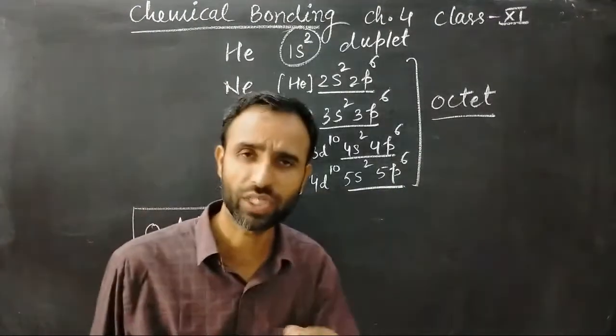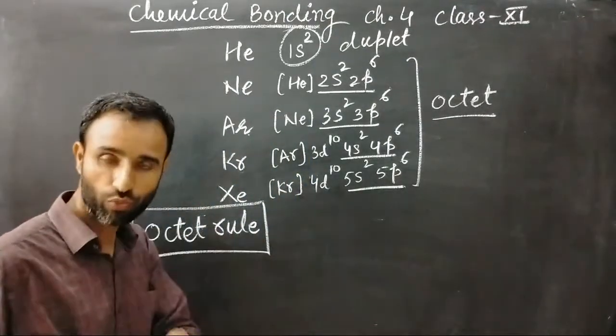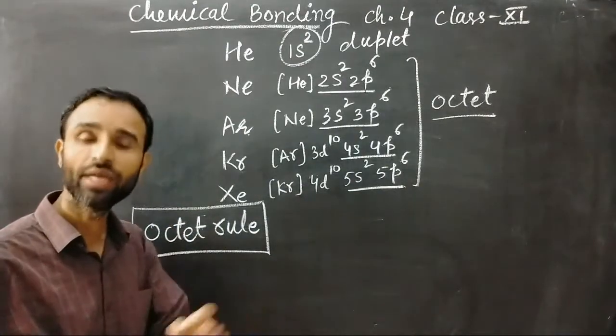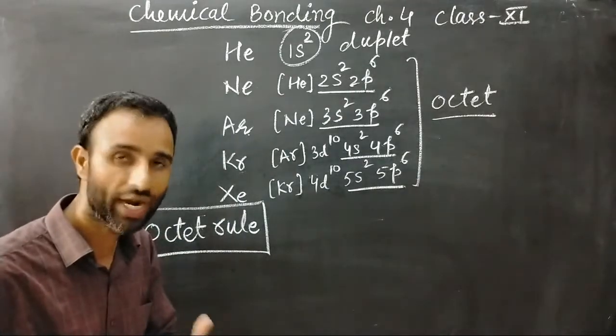There are so many limitations of this rule, but the octet rule is successful in explaining many things about the chemical combination of the atoms.